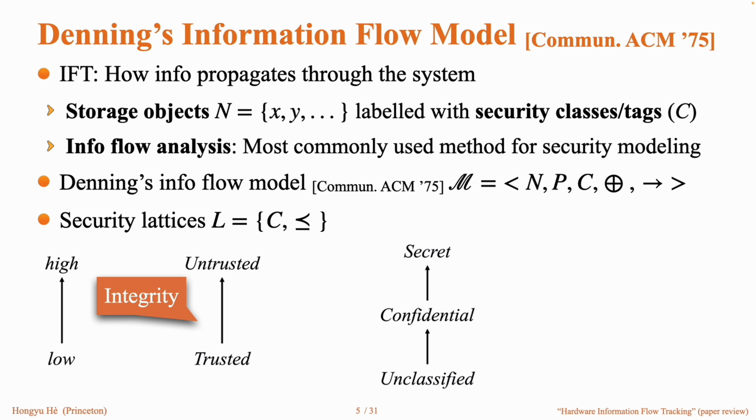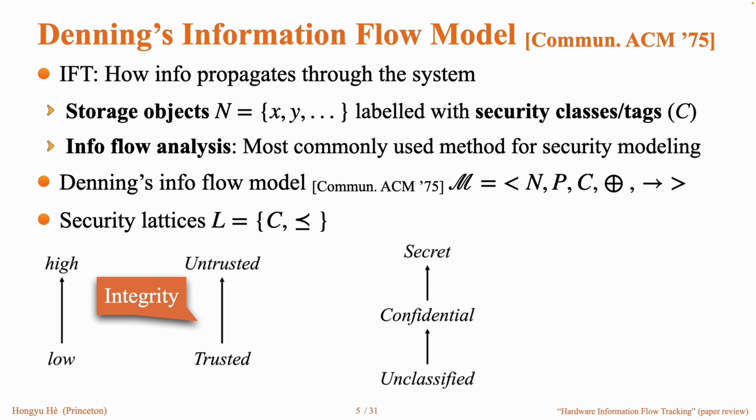And these are so-called linear lattices, because you have a linear relationship from the lower bound to the upper bound. We can also have something called a multi-level security model, where you have the lower bound here and different labels A, B, and C, and you combine them, maybe two operands having operations, then A and B would be the combined label of that result, and so on and so forth.